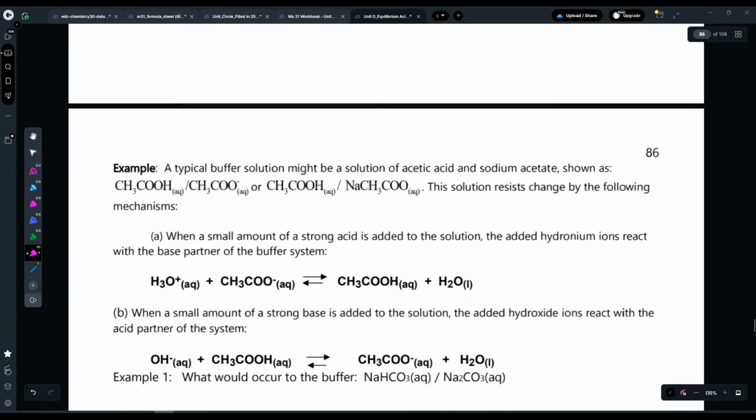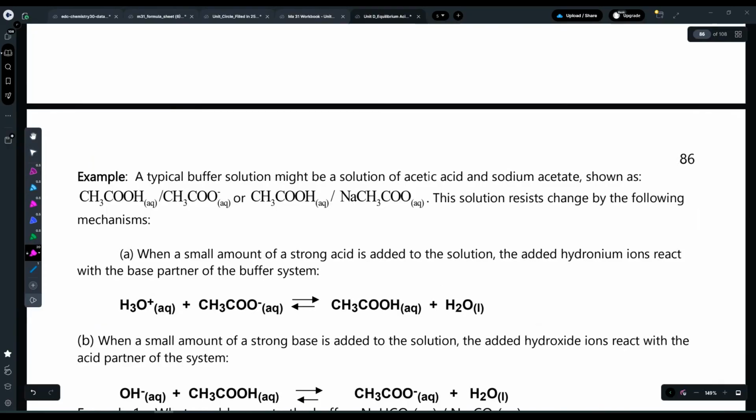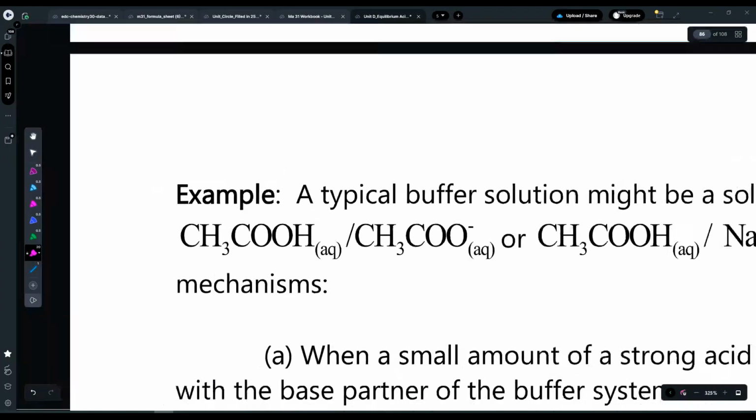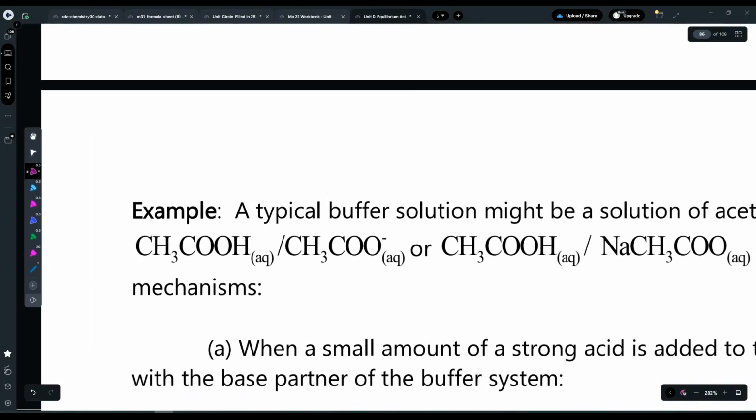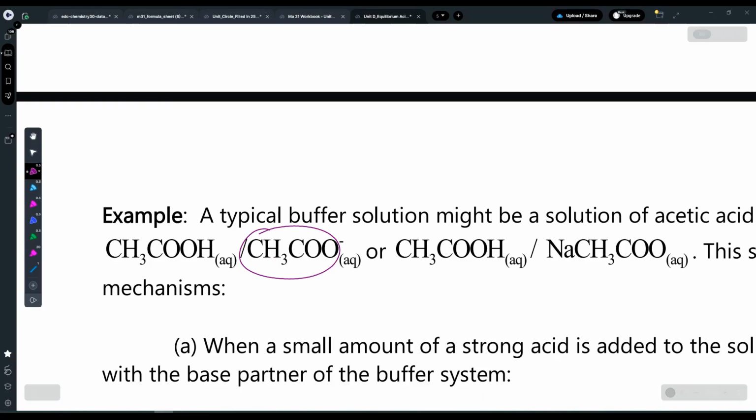So, for example, a typical buffer solution might be a solution of acetic acid and sodium acetate, as shown. Here they've written it twice. The only difference is that for this one they have sodium acetate. However, over here they already have it dissociated and they're only focusing on what is acting as the weak base.